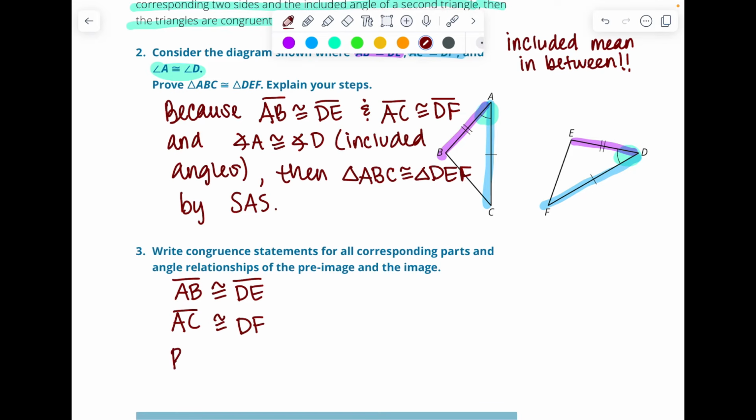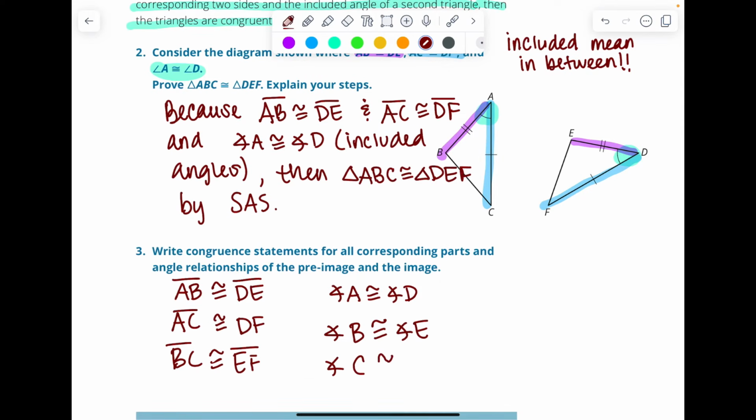And we know that BC is congruent to EF. And then for the angles, we know that angle A is congruent to angle D. We know that angle B is congruent to angle E. And angle C and angle F are congruent.